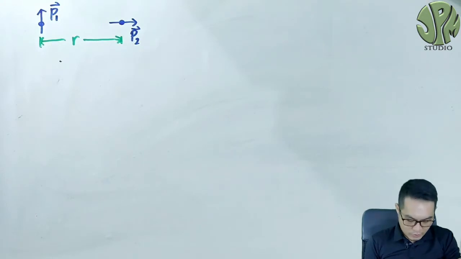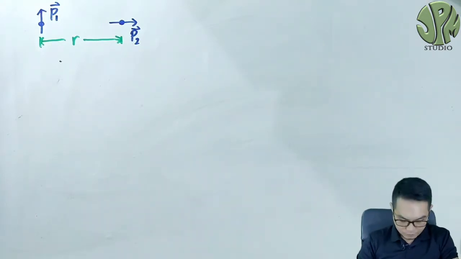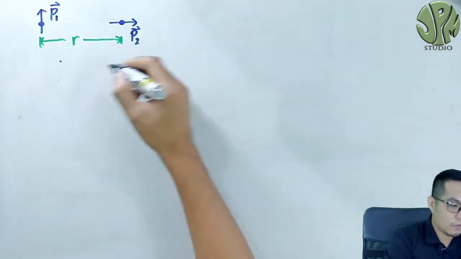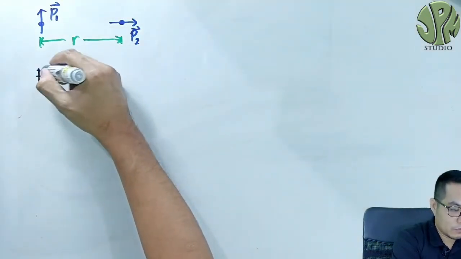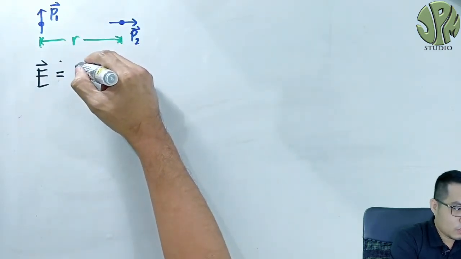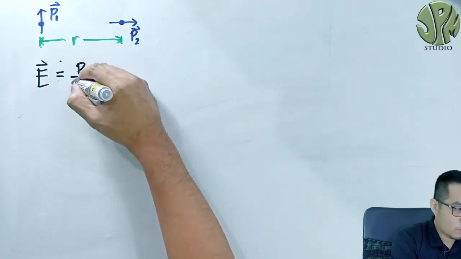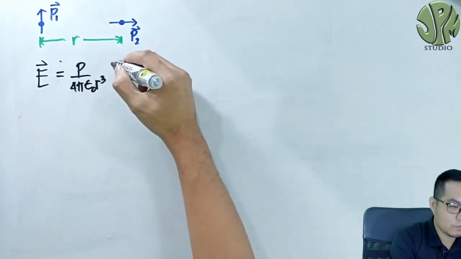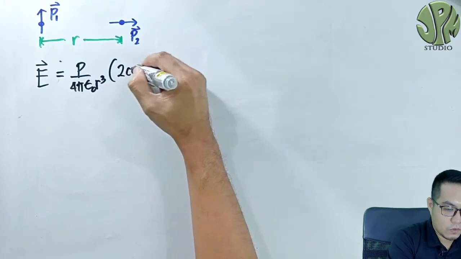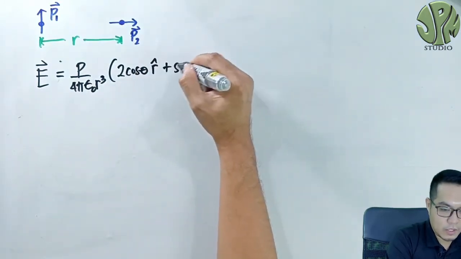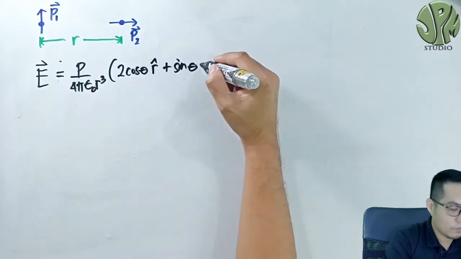Okay. So if you will recall, the electric field of a dipole is just given by P over 4 pi epsilon naught r cubed, times 2 cosine theta r hat plus sine theta theta hat.